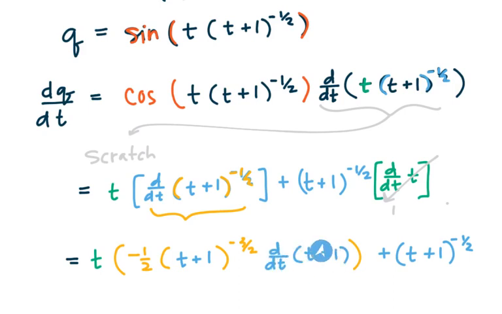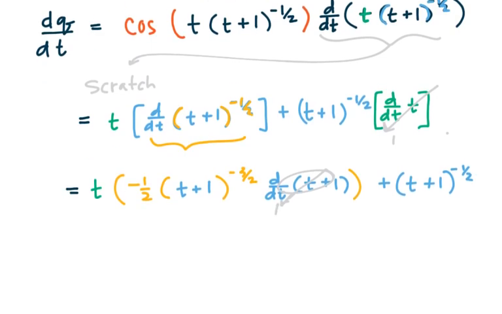This piece goes to 1, and we don't need to write that anymore. All right, so let's look at what we have. We've got the cosine of this quantity, t times (t+1)^(-1/2), all of that times this derivative. And this derivative we just found right here.